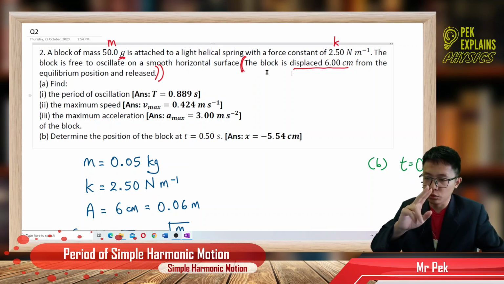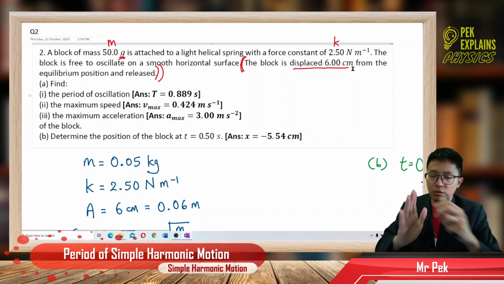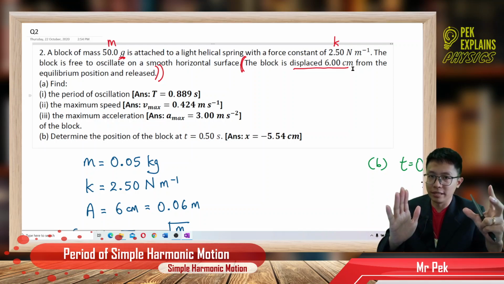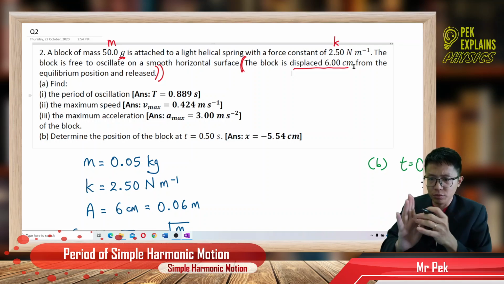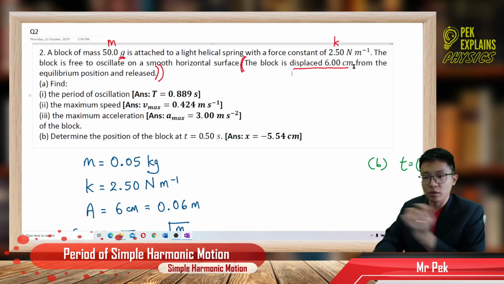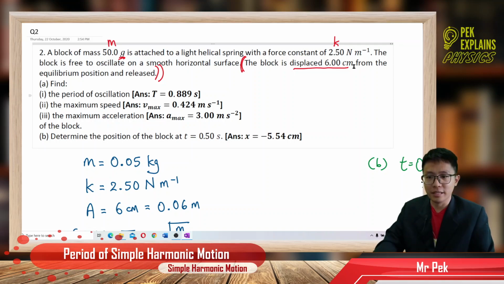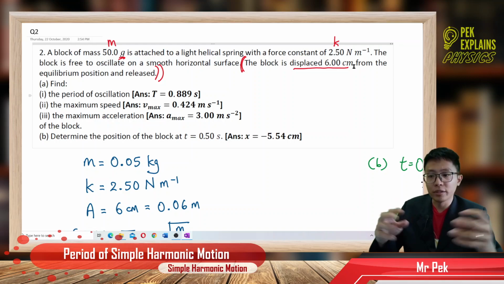First thing, there are two things we need to take note here. He said displace 6 cm and then release. You displace something 6 cm and release, means the 6 cm become what? You displace 6 cm, then the object will start to oscillate with also amplitude 6 cm, isn't it? You displace 6 cm, will the amplitude become more than 6 cm?